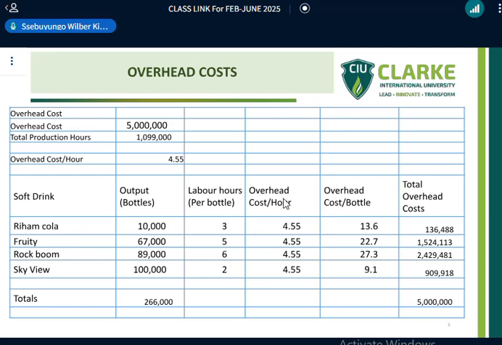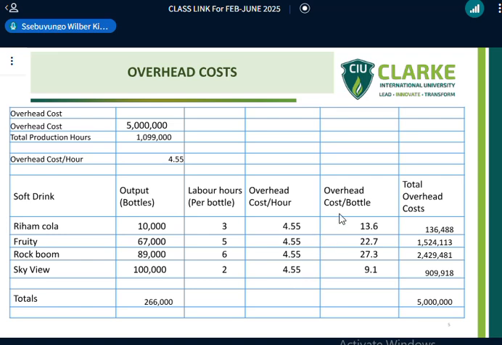I am making sure this overhead cost here is a fixed overhead cost for the period, and therefore it is a fixed overhead cost per hour and for every bottle. So I've fixed it here, making it uniform for every category of the bottles.